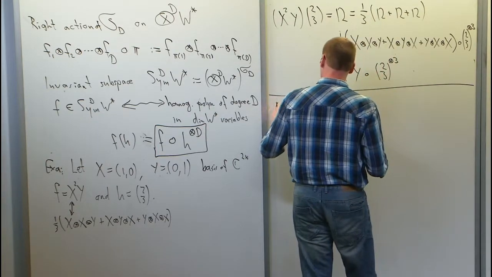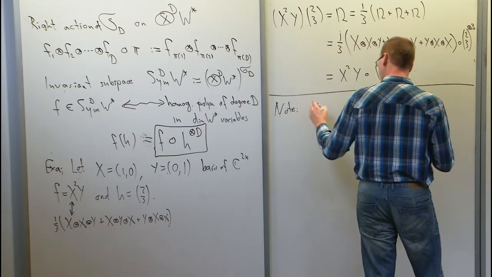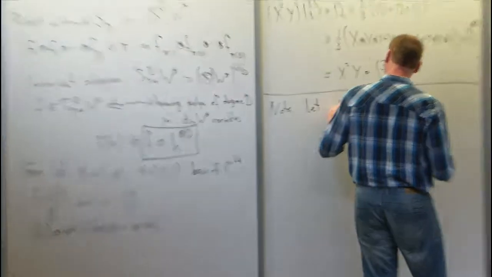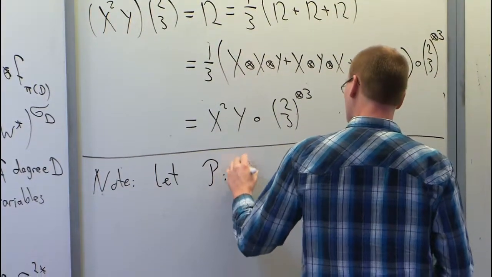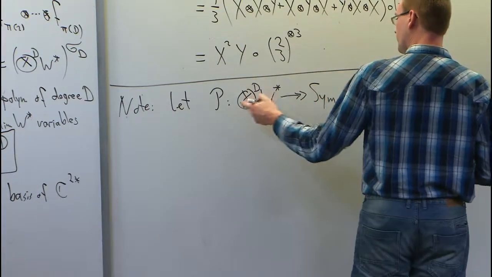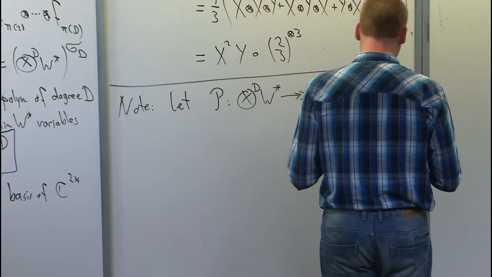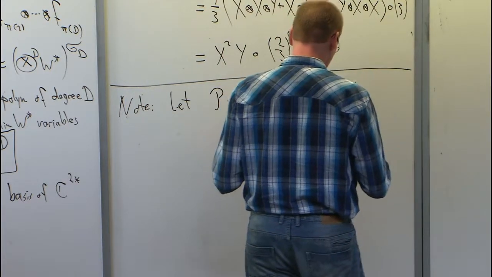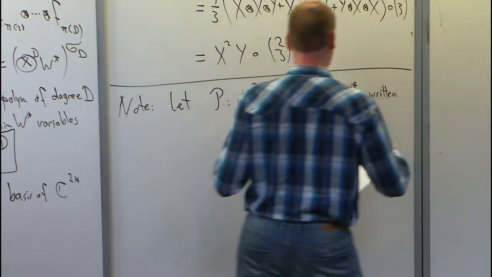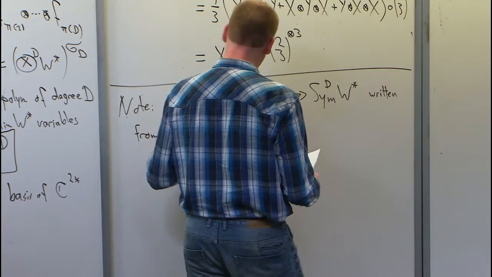Okay, and there's a note. We get this projection of tensors. Say capital P is the projection from our tensors to symmetric tensors, written from the right, because these are functions.